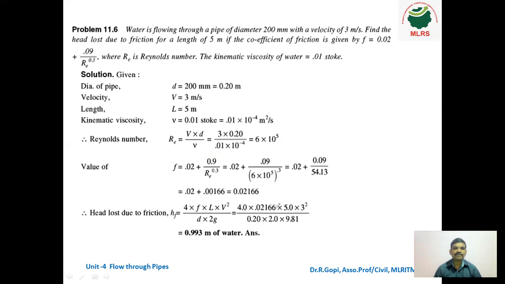So 4 into 0.02166 into L, 5 meter, and V square, 3 square, divided by 2 into 9.81 into D, which is 0.2. So finally hf is 0.993 meter per meter of water. This is the head loss due to friction.